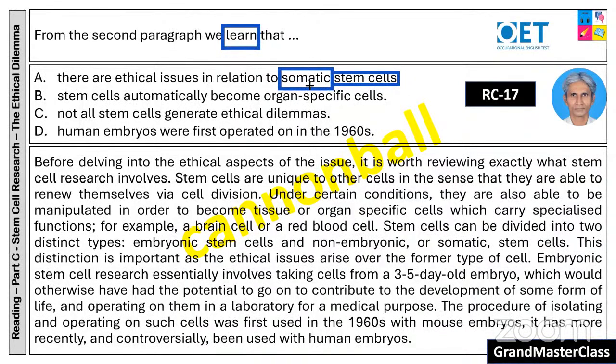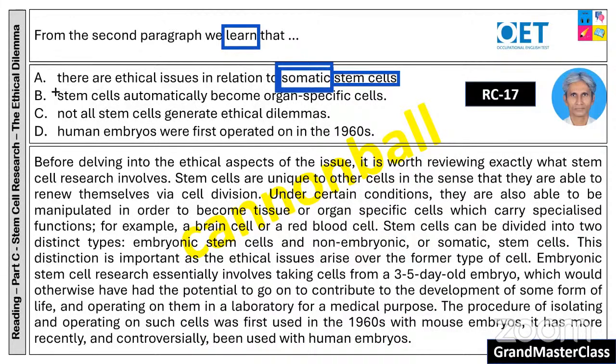Now, if this is somatic cells, then another one is non-somatic cells, the opposite of it. These are somatic type of cells, and there is another type called non-somatic type of cells. Now, stem cells automatically become organ-specific cells.